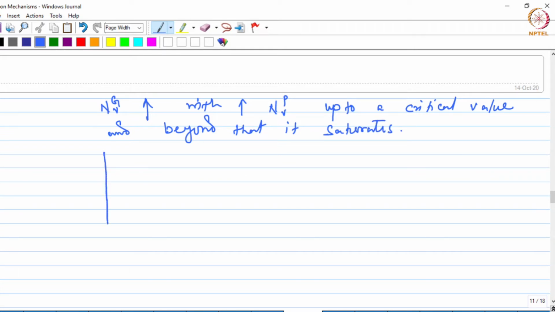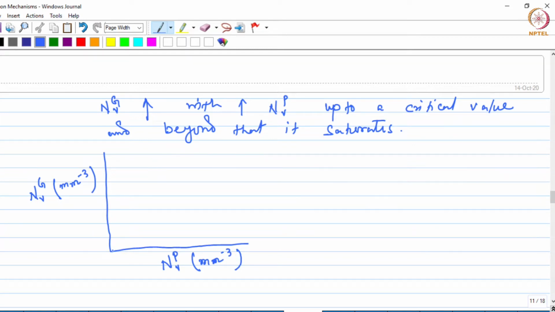So if I show it as a plot between these two parameters, it will increase to a critical value.